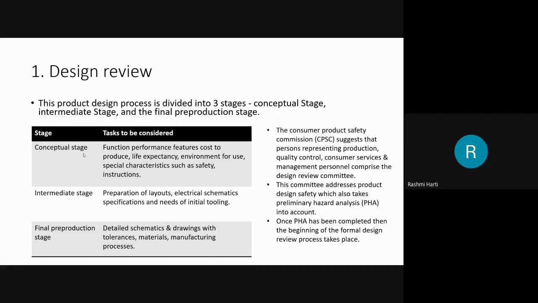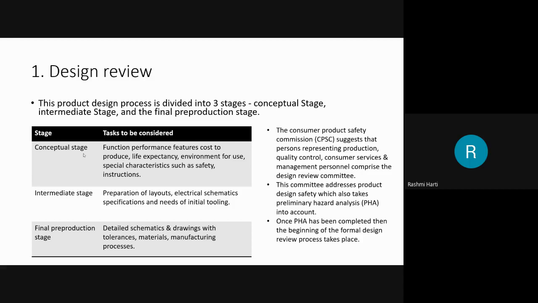The intermediate stage is preparation for layouts, electrical system, schematics, specifications, and the need for initiating tooling, and all those things. Apart from that, you have the final pre-production stage, which is basically detailed schematics and drawings with tolerance, material, manufacturing process, and all those things.